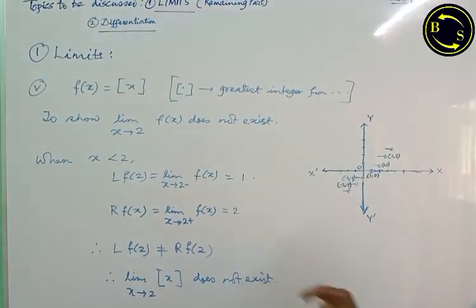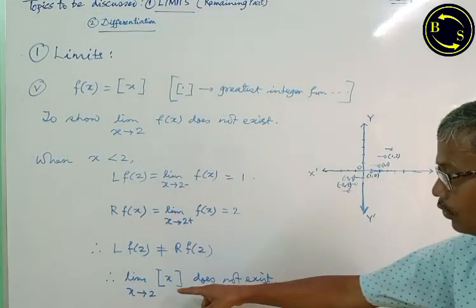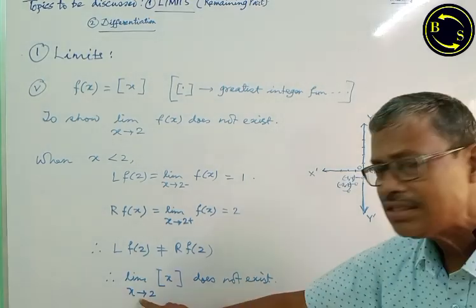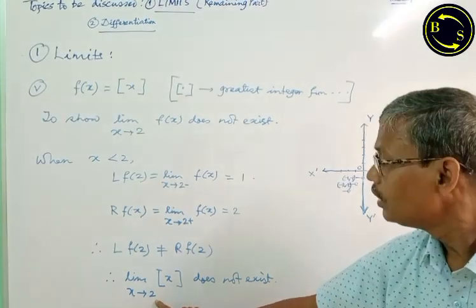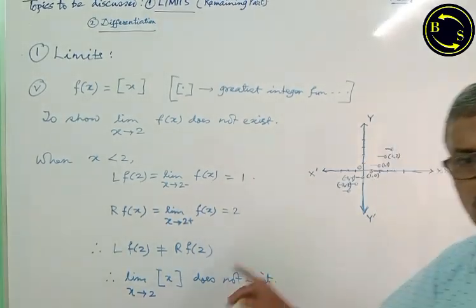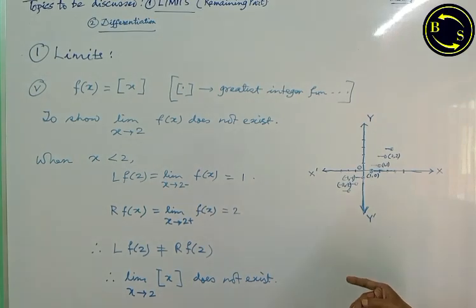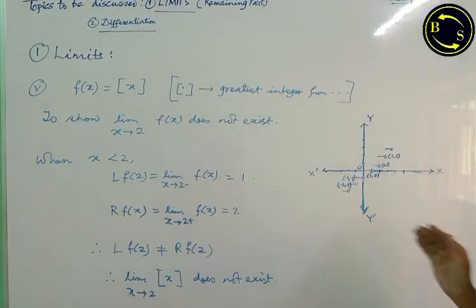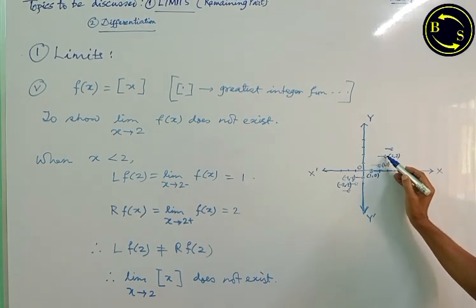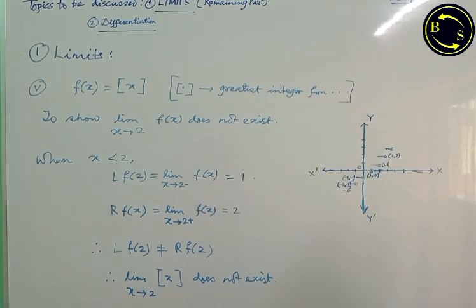Now, by drawing the graph, what we find, when x is greater than 2, that means 2 less than or equal to x less than 3, then this is the graph. And it is clear that values are different.